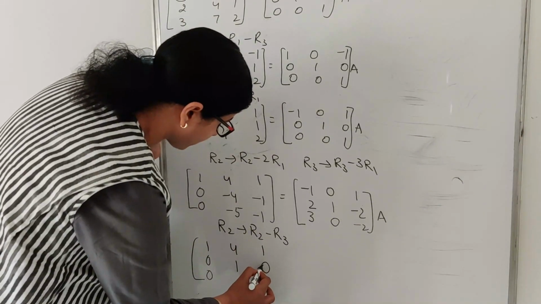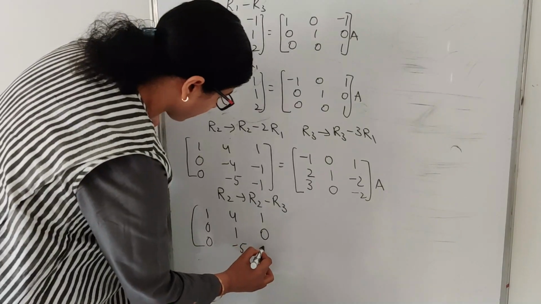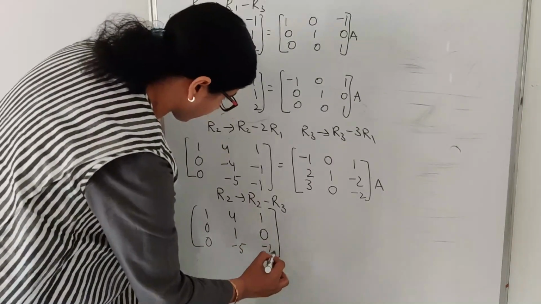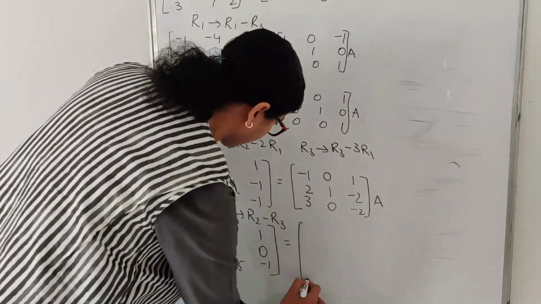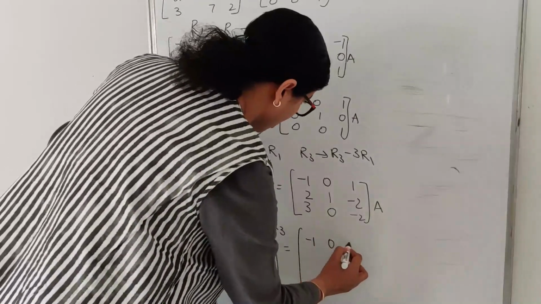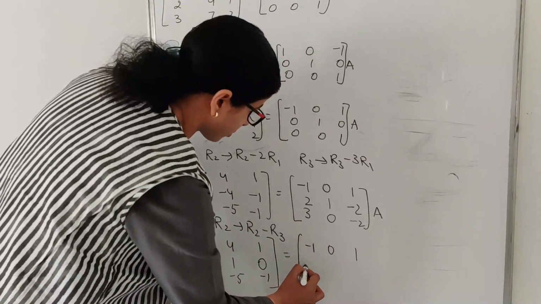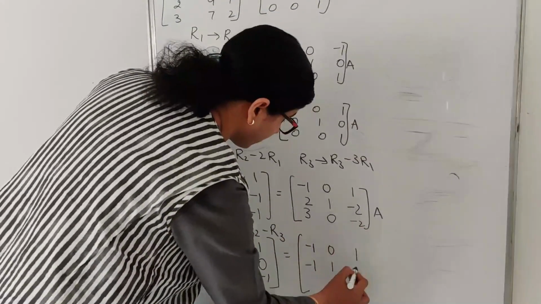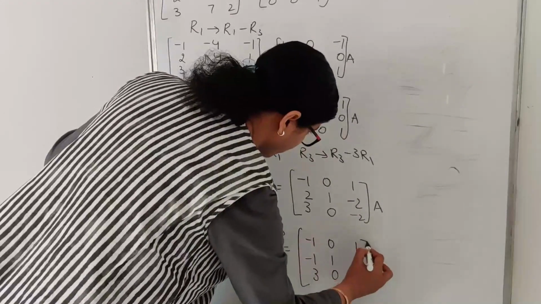This will become 0. What am I getting here? Minus 5, minus 1. Now next, what are you getting here? Minus 1, 0, 1. I am doing R2 minus R3. So minus 1, 1, 0, 3, 0, minus 2.